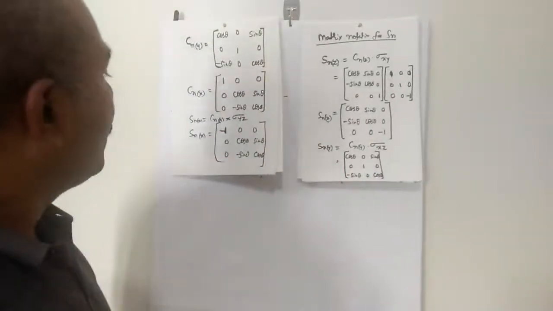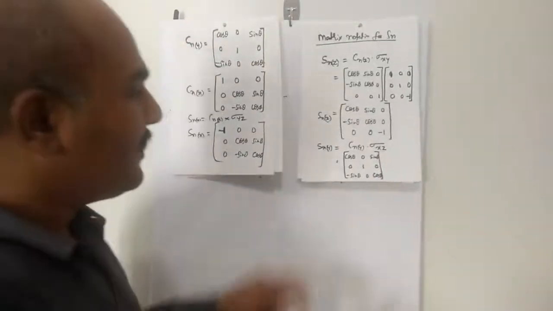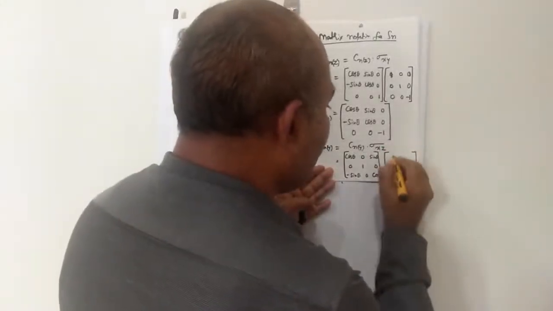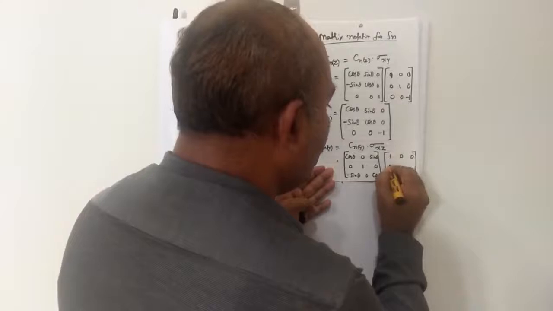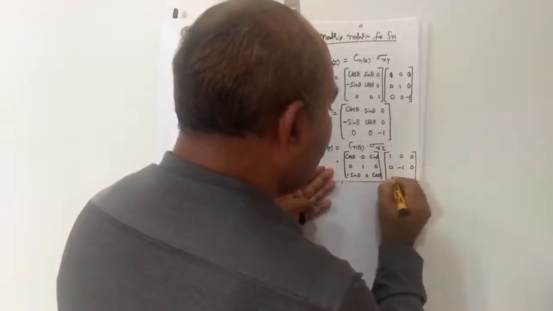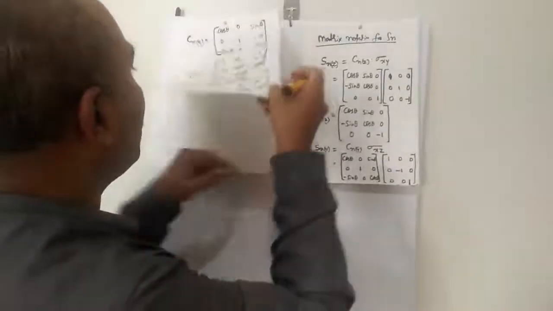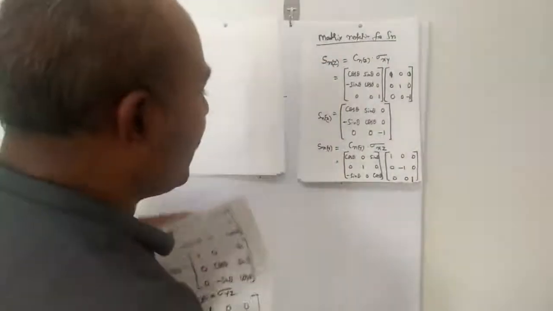This is the CNY matrix. Then what is sigma xz? The sigma xz matrix is 1, 0, 0, 0, minus 1, 0, 0, 0, 1.